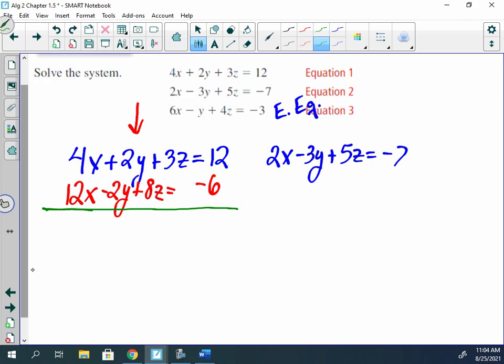So 2 minus -2, well, the negative and negative would make a positive, and 2 plus 2 is 4. Is that what we wanted? No, so we would add them. And the way I try to keep it straight is if the signs are opposite, we add. If the signs are the same, we subtract.